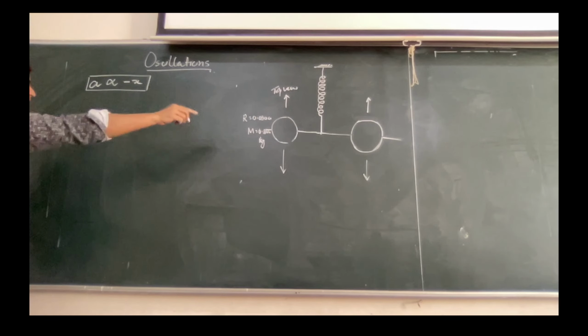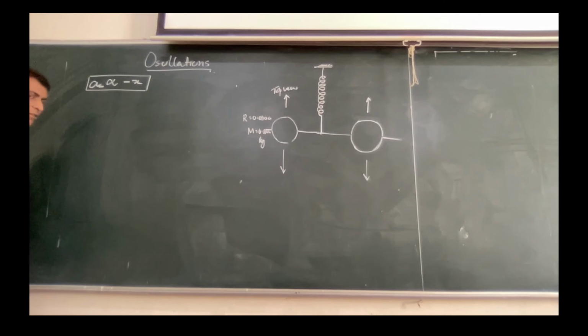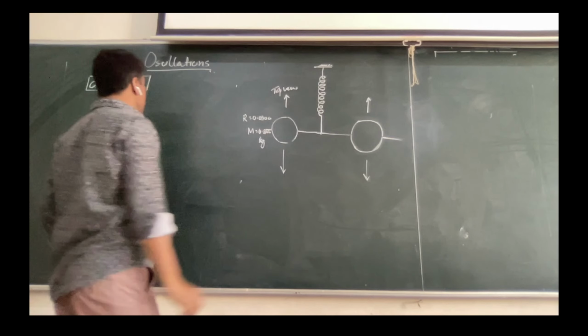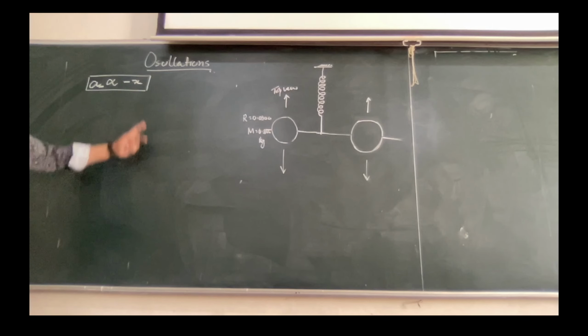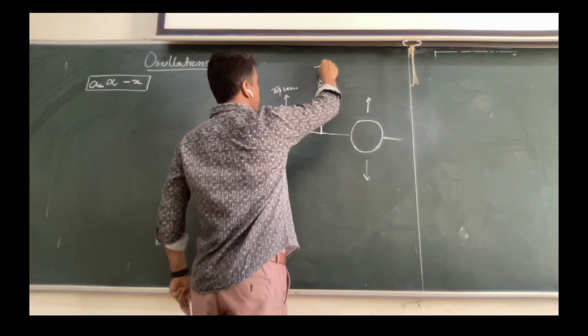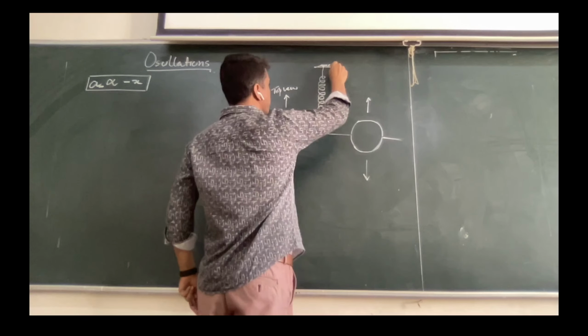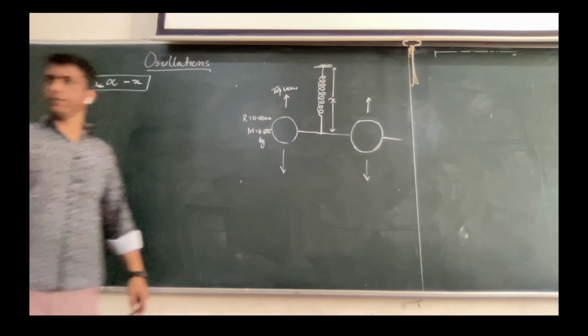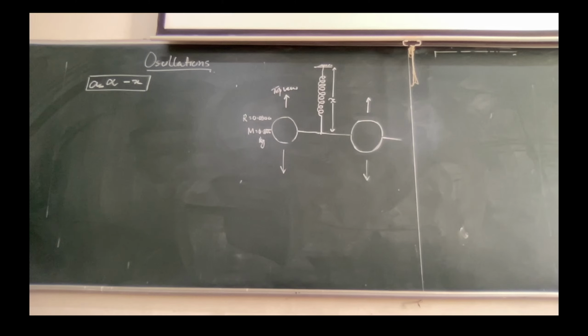Acceleration in this case will be the acceleration of the center of mass, which lies here, is proportional to x, which is a distance that may be measured from this point. Okay, so this is what we are going to look at.